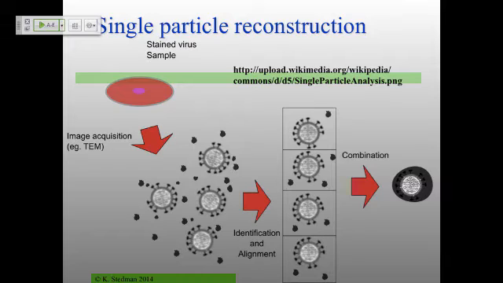There are a couple of things that have to happen for that. One, this has to be really homogeneous, because if it's not homogeneous, when you try to average everything together, it becomes just one big blur. The second thing, and this is always a problem, is that you get a two-dimensional image out of here, but they're three-dimensional particles.